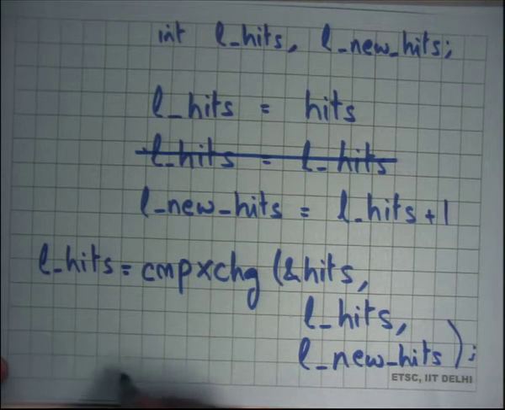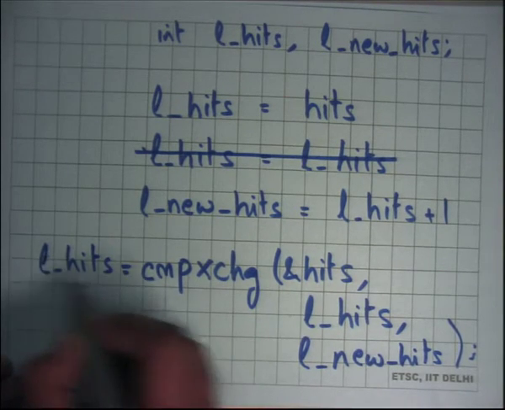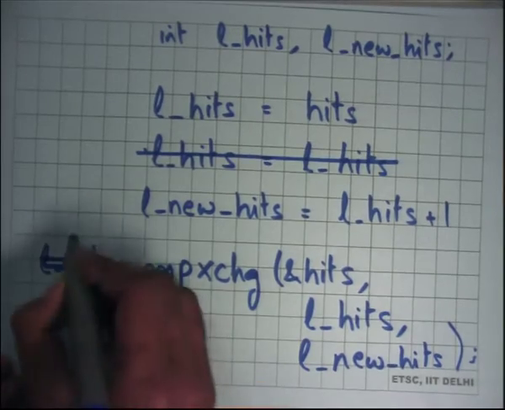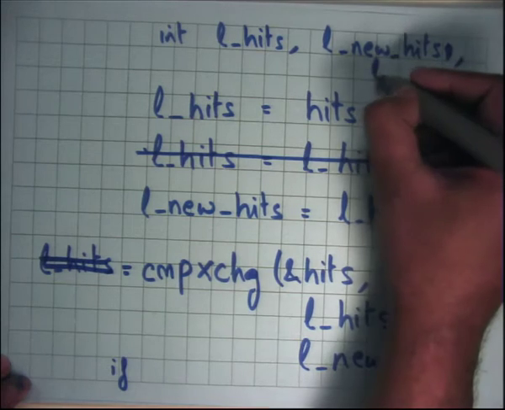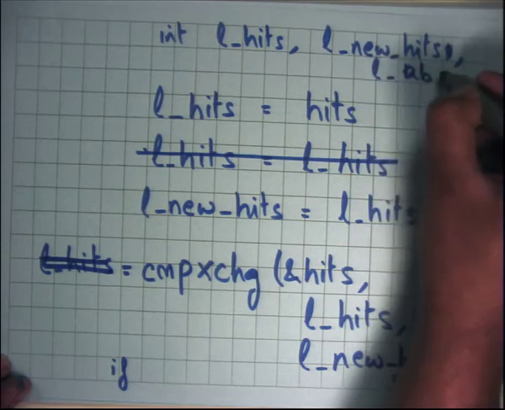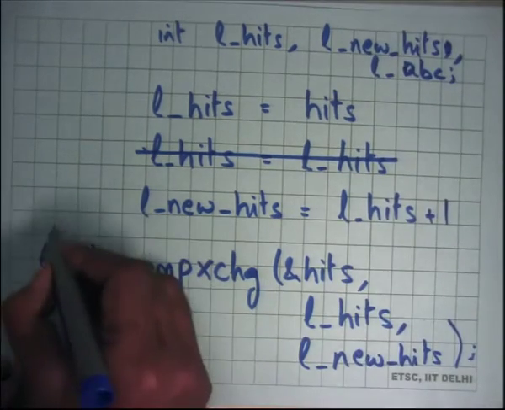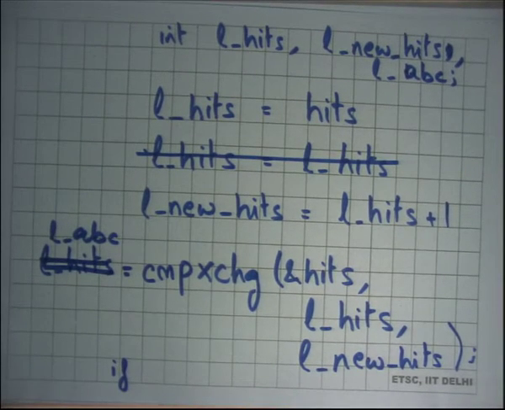Or let's say I declare another variable called local, let's say L_ABC, and I say L_ABC is equal to compare exchange this. So this is going to return the value that was read by this atomic instruction, and recall that this entire operation of reading the value, comparing it and updating it is completely atomic, right.